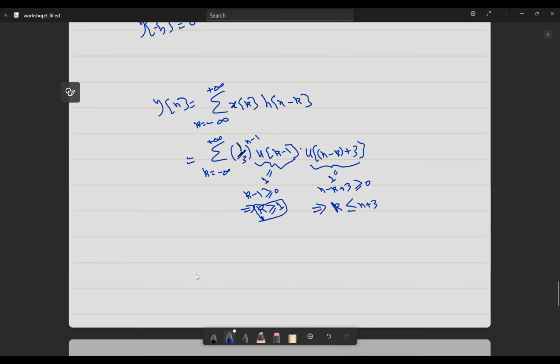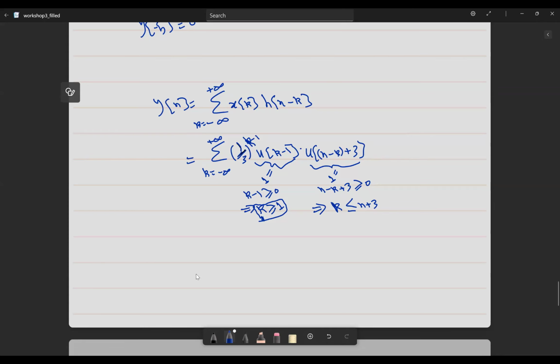Is that the way to determine the bounds for the summation? Yeah, exactly. We usually do the same or similar things for the continuous case when it's an integration. We need to find those functions. Those functions will give us the bounds for the summation, and then they will just disappear because their value will be 1.